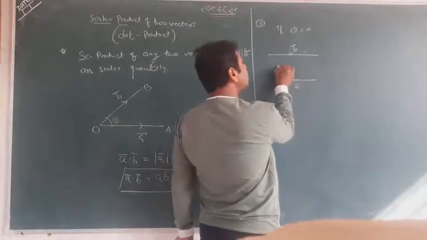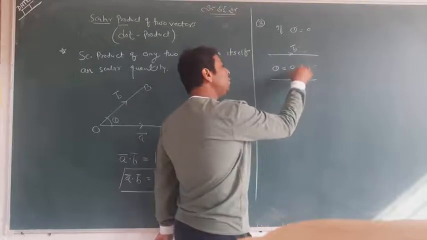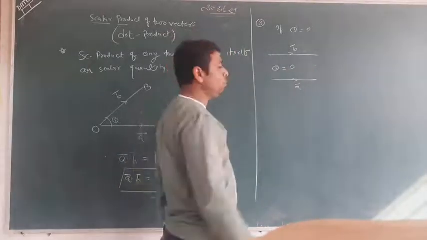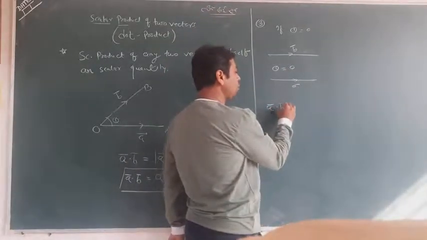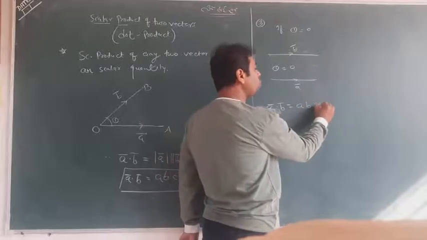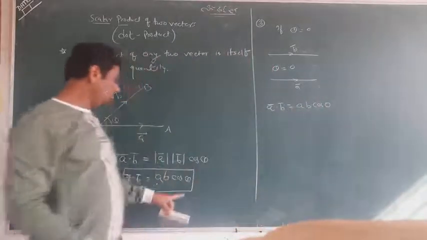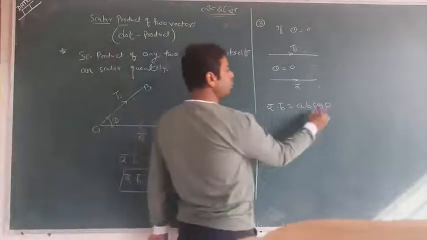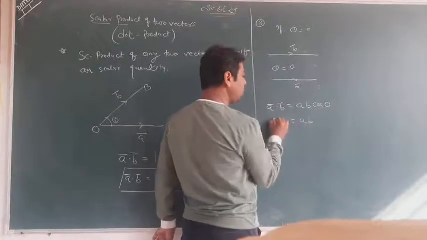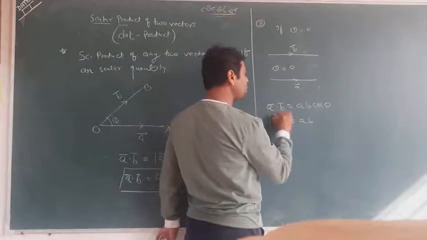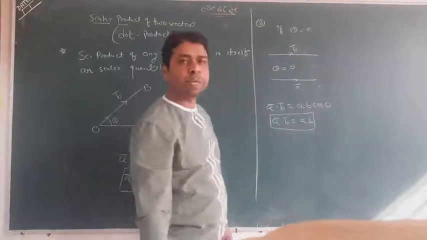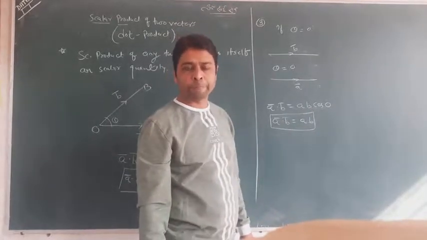In this case they are not meeting each other, so theta will be 0, and that time A dot B will be AB cos theta. Your theta is equal to 0 and cos 0 is equal to 1. So please remember this short but important concept that A dot B will be AB, mod A into mod B.